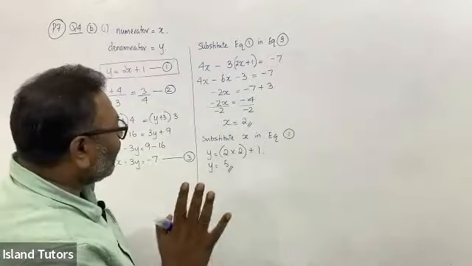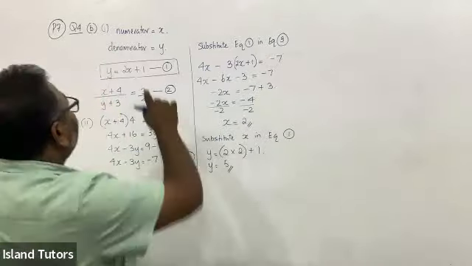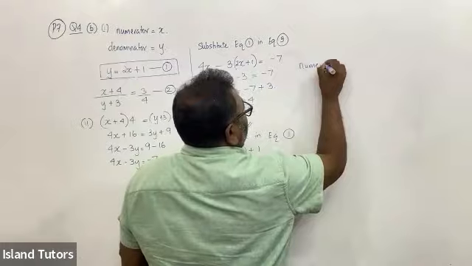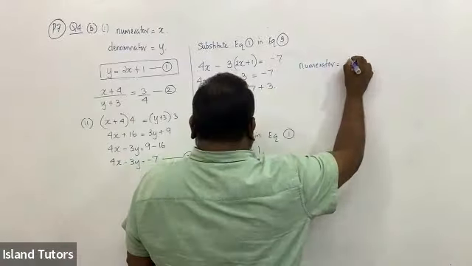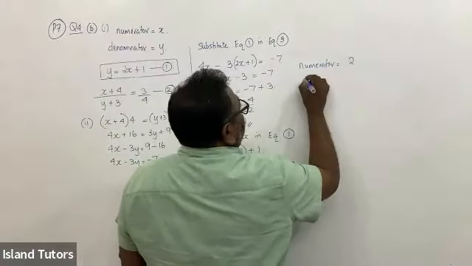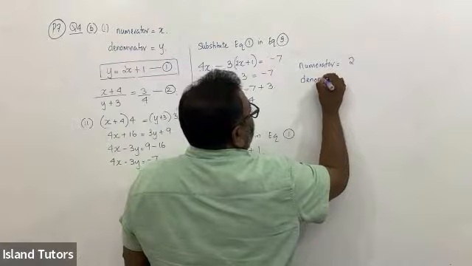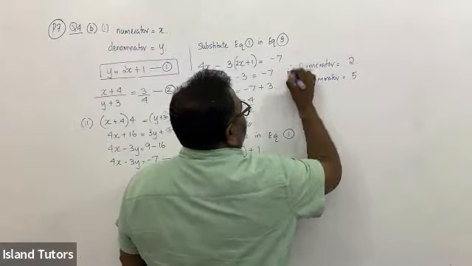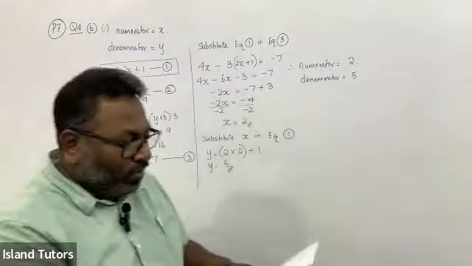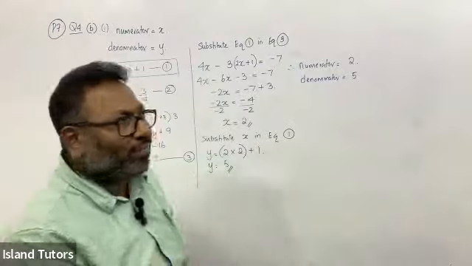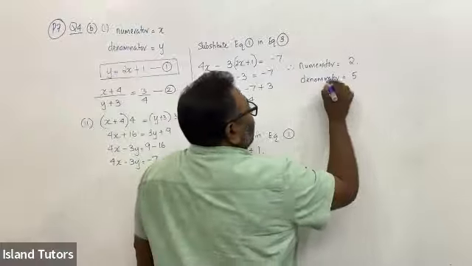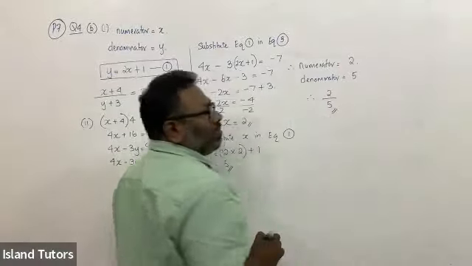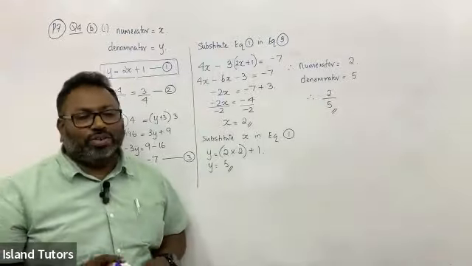Right? So what are the values? X is therefore your numerator. Numerator is equal to 2, denominator is equal to 5. So they are asking you what is the fraction. So find the fraction. Therefore your fraction is 2 over 5. That is your answer.